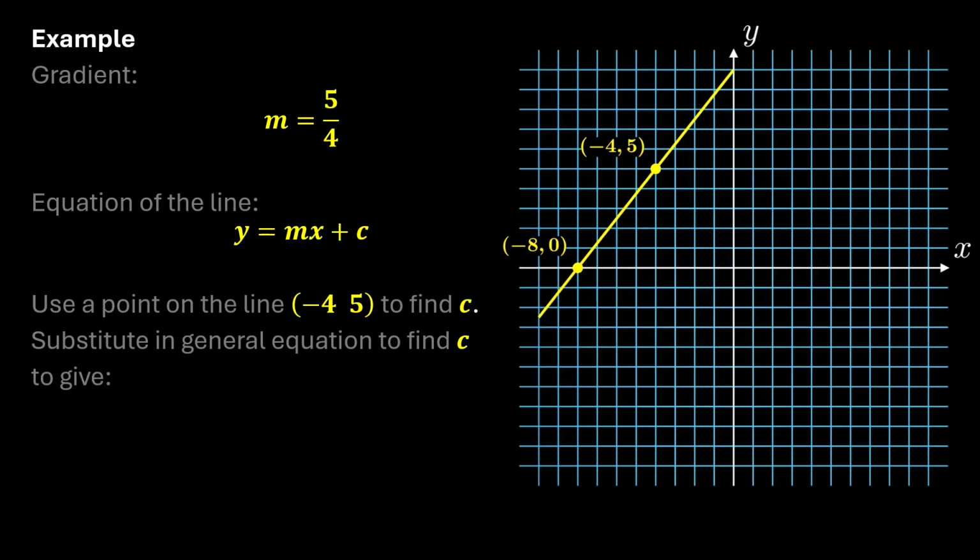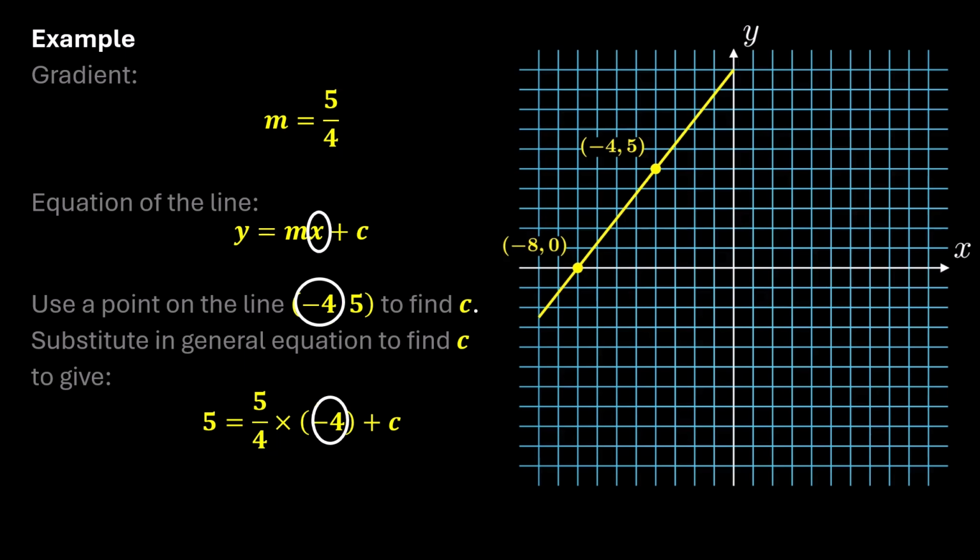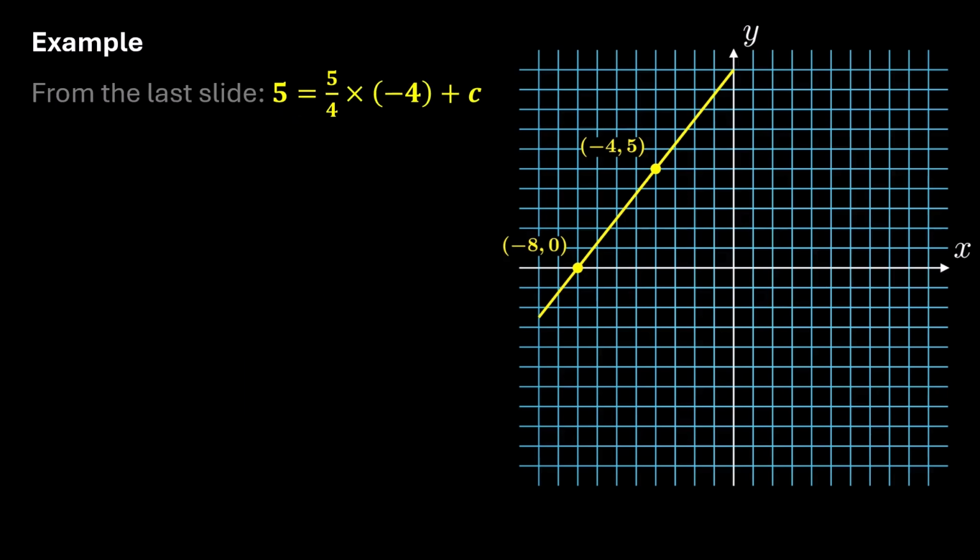So we have y equals 5, m equals 5 over 4, times x equals minus 4, plus c. So we have 5 equals 5 over 4 times minus 4 plus c. Let's tidy this up.